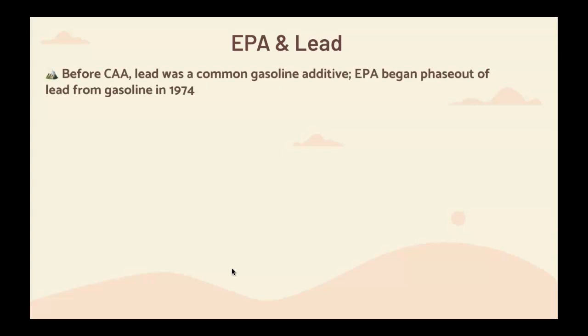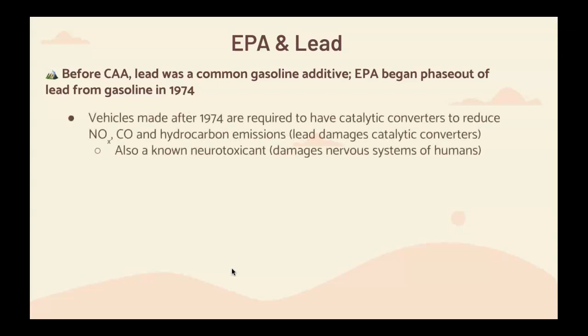So lead is another criteria air pollutant, and before the Clean Air Act, lead was a common additive in gasoline. It prevented engine knocking. So it was really common in our gasoline, but the EPA started to phase it out beginning in about 1974.